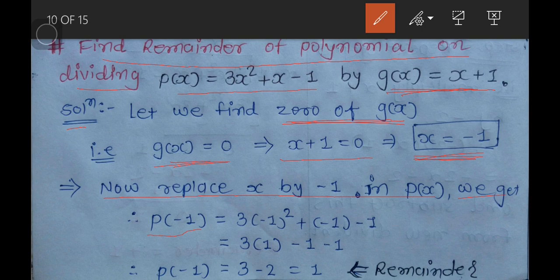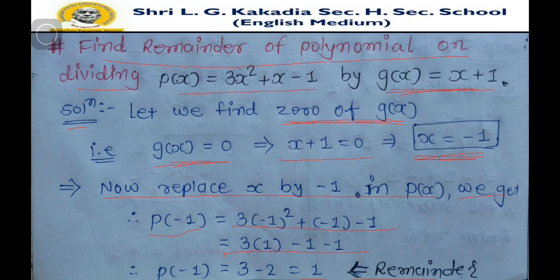So it is 3 into minus 1 square plus minus 1 minus 1, which is 3 minus 2, so p of minus 1 is equal to 1. That is our remainder, the same as we got in the division algorithm before. So that was how to divide polynomials and how to find the remainder of a polynomial.